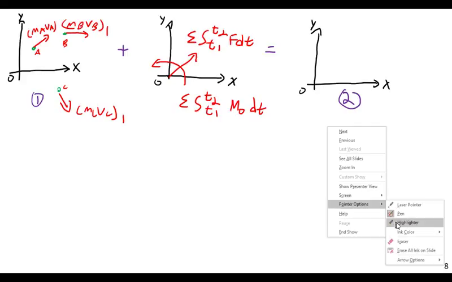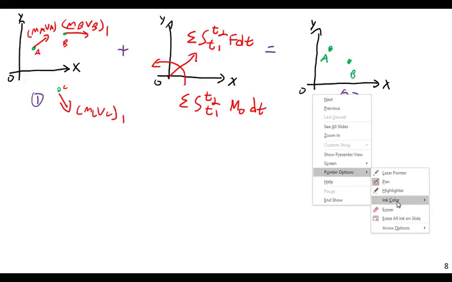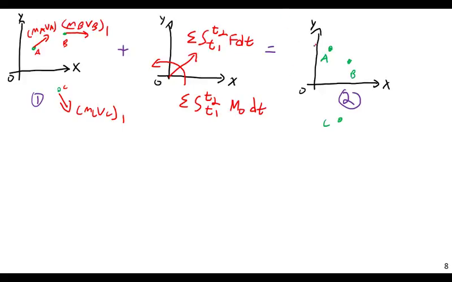So if I had A, B, and C, the momentum here would be MA VA at point 2, then MB VB, and then MC VC at point 2.